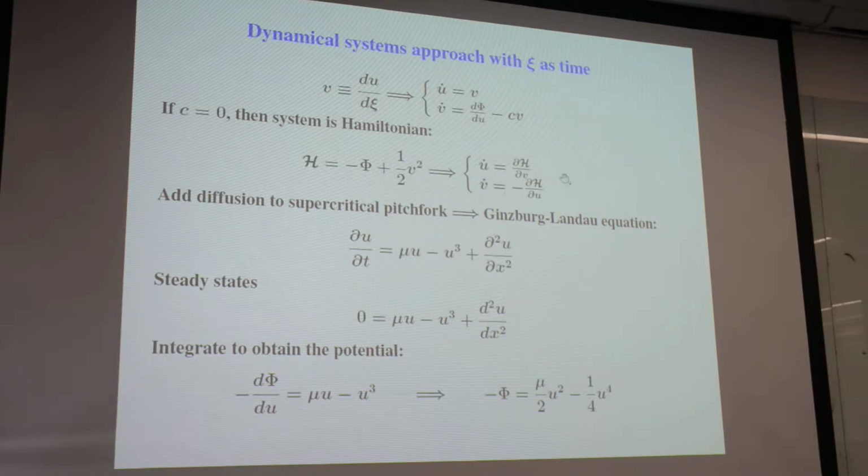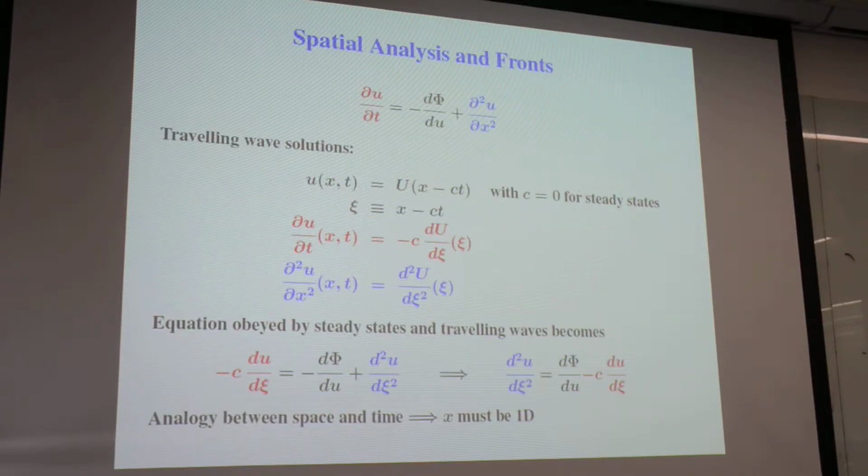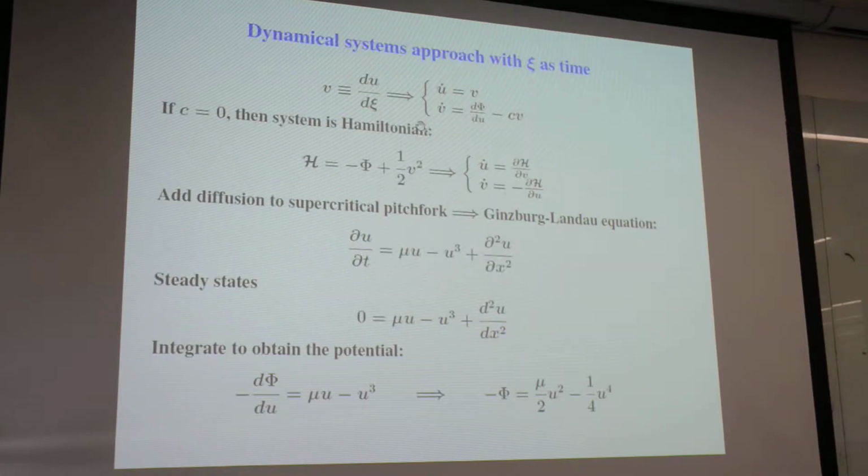Now let us look at a particular case for phi. Instead of minus d phi du, we're going to write mu u minus u cubed.